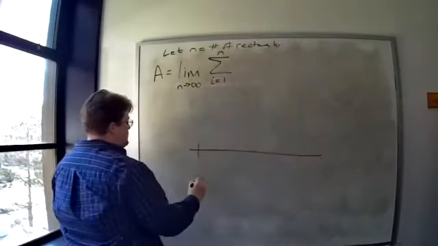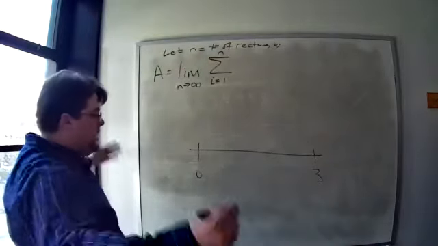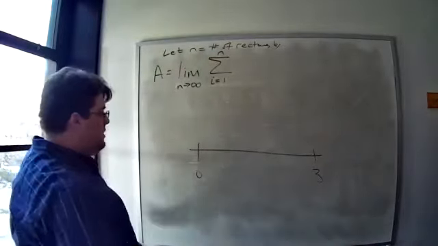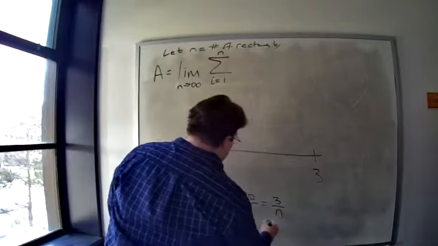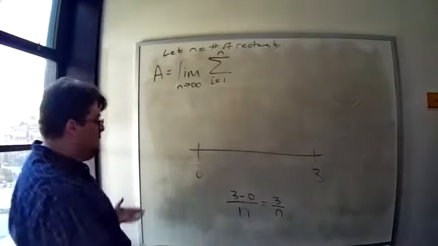The first one into 4 pieces, the next one into 7 pieces, but here we're using n rectangles. So we're dividing our interval, of length 3 minus 0, into n pieces. That tells us the length of each piece is going to be 3 over n.